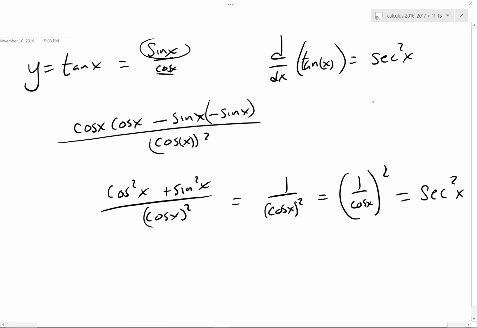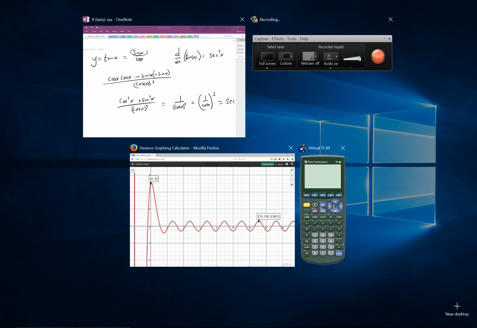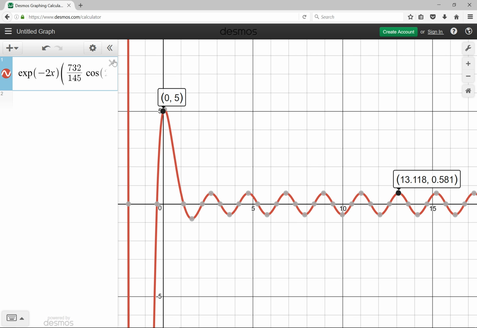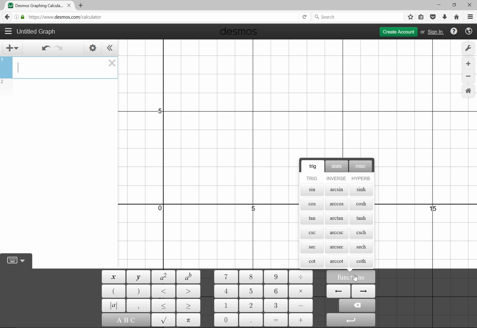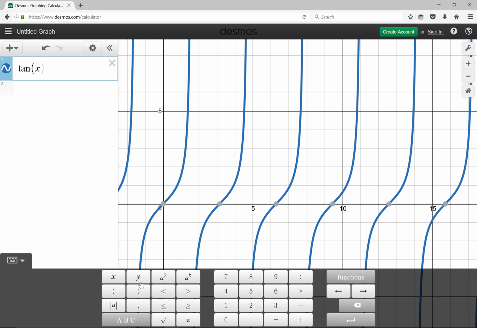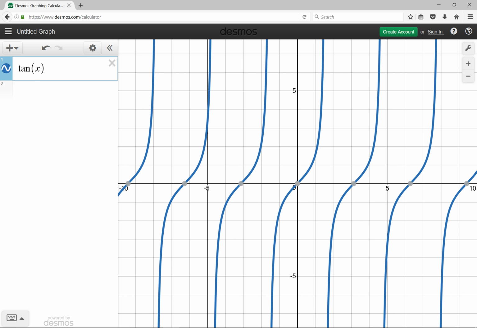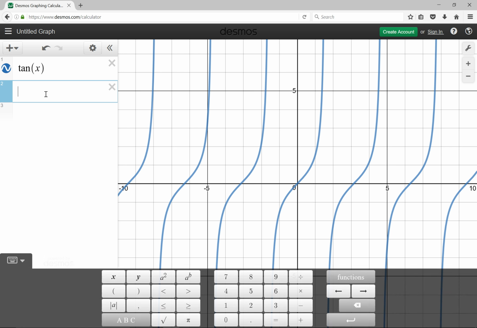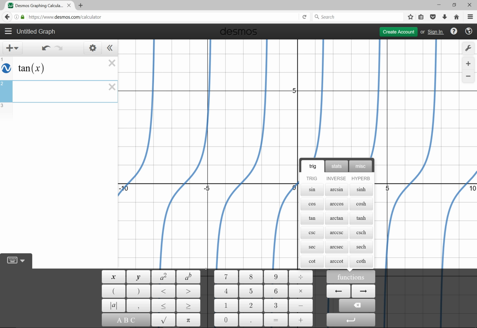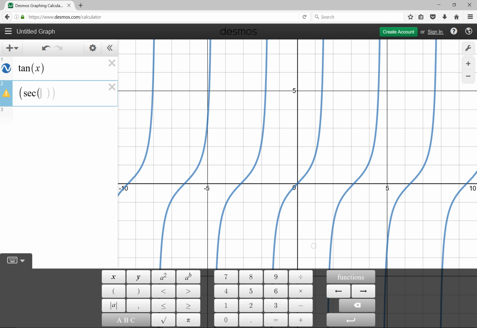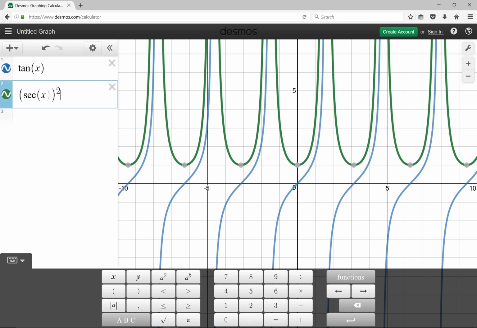Which is kind of cool if you think about it, because if you go look at Desmos.com, there's tangent. Notice how it always has positive slopes. That's pretty neat. So, oops, suppose I do this. Little parenthesis, secant x squared. What? Dude, check it out. The green one has the same asymptotes, if you will, as the blue guy.